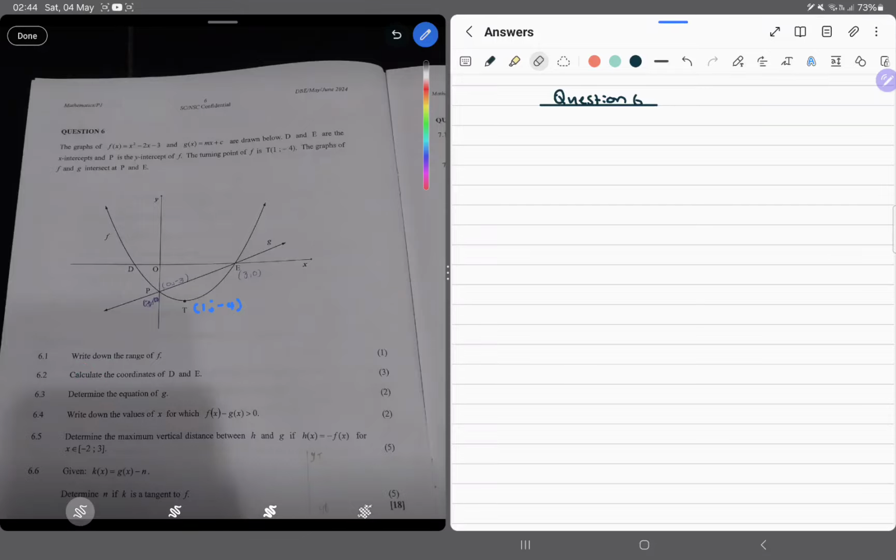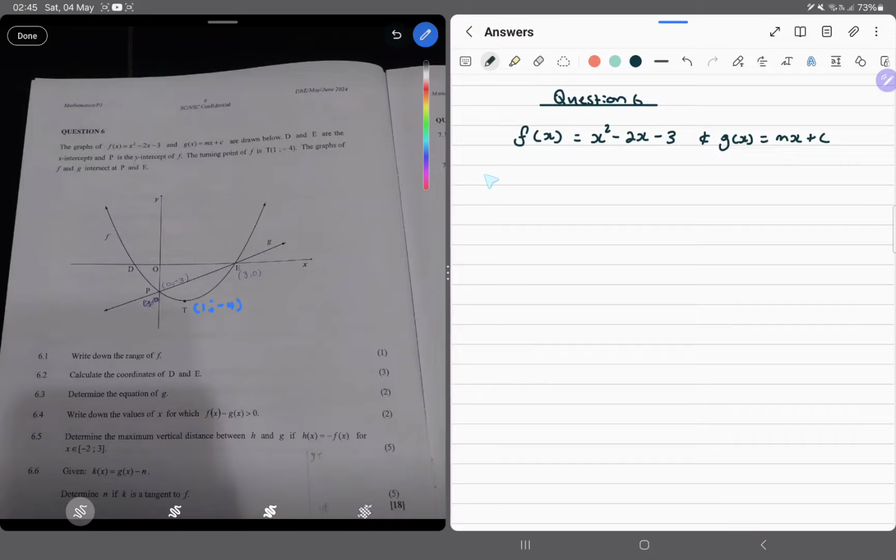Now 6.1. So let's see what is the story here. So this is x squared minus 2x minus 3, and g of x is mx plus c.